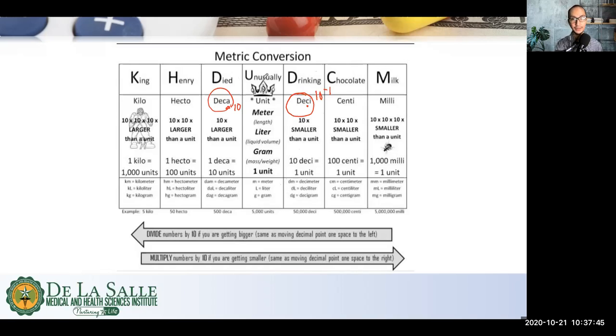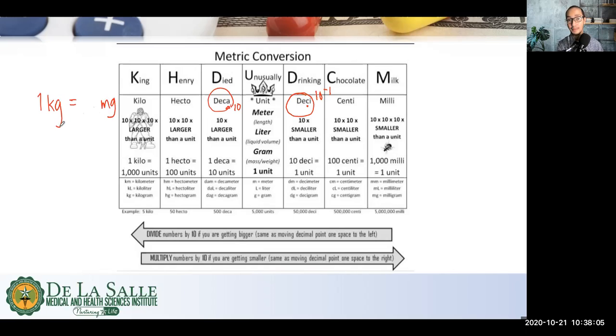For example, if we would like to convert 1 kilogram to grams, let's do milligrams instead. You simply have to move the decimal place either left or right.